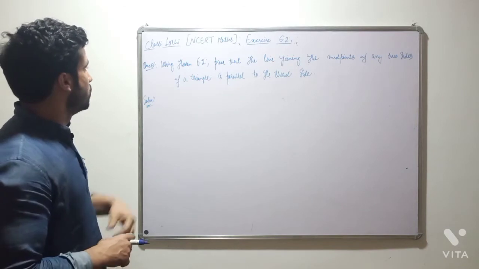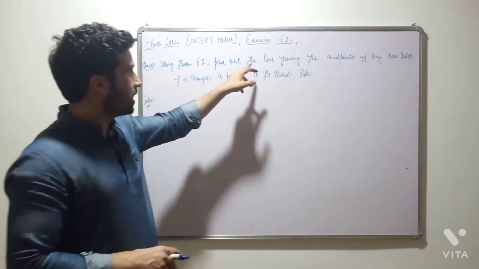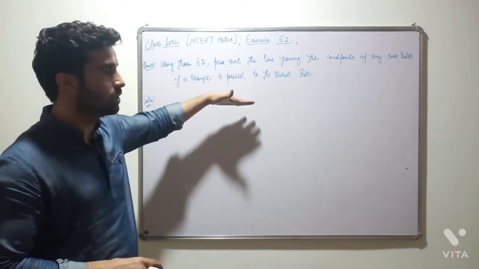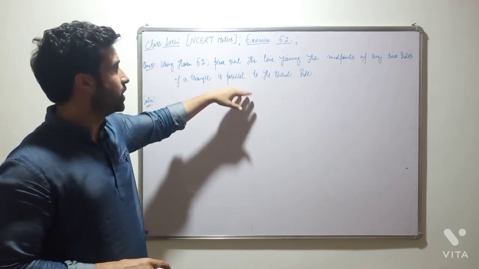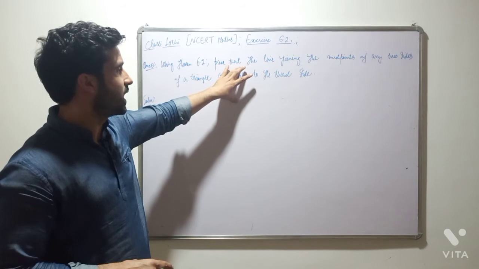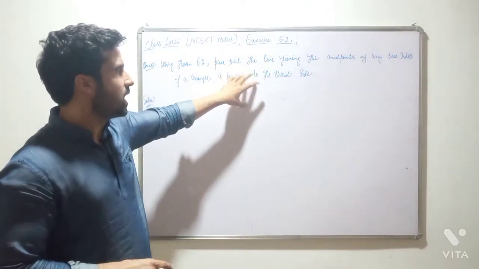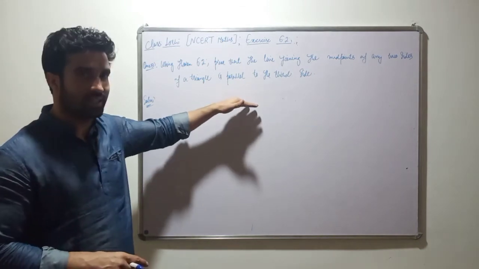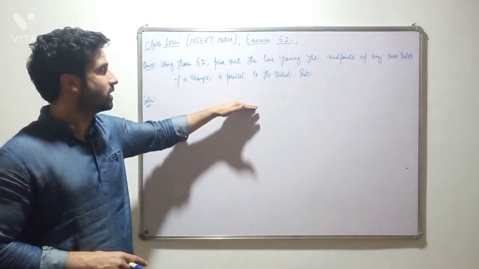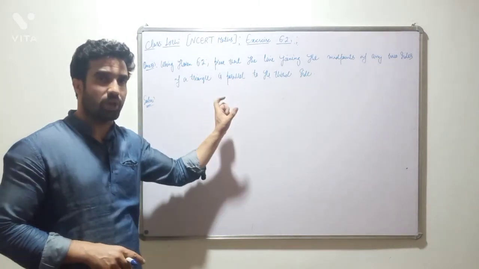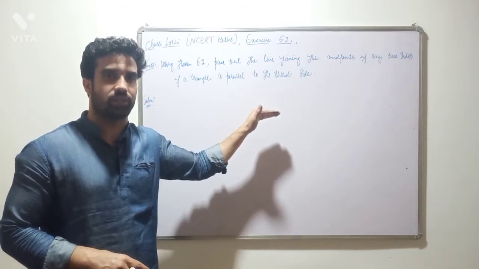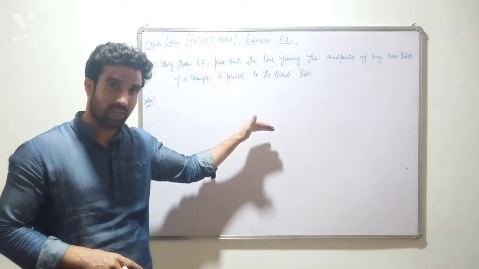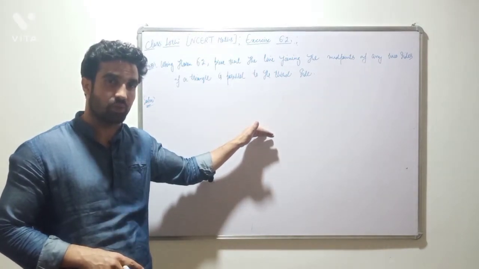Using theorem 6.2, prove that the line joining the midpoints of any two sides of a triangle is parallel to the third side. This question is quite simple. You have a triangle, and in this triangle you consider a line, and the line has been taken by joining the midpoints of any two sides of the triangle. If that is the case, then the line is parallel to the third side. This is what you need to prove.